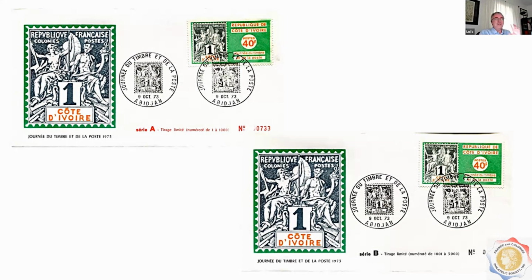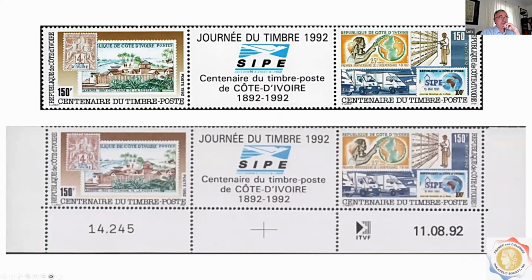Still in Côte d'Ivoire, they seem to have a good memory of the 1892, 1893 time frame with the French. A few years later, they celebrated the centenary of the postage stamp of Côte d'Ivoire with their Journée du Timbre, and this time they have reused a 4 cent from the group type with that nice strip of 2 stamps plus the little selvage with some comments.